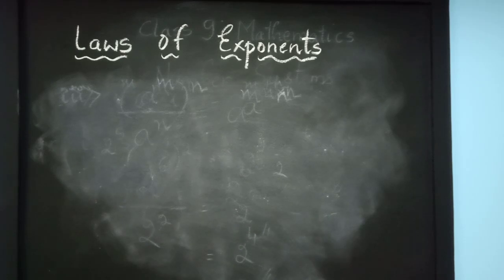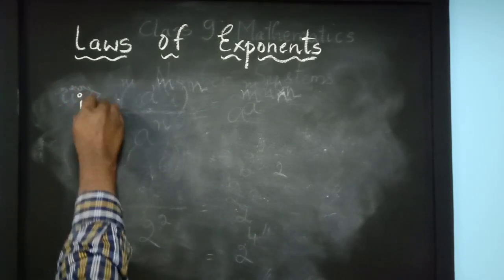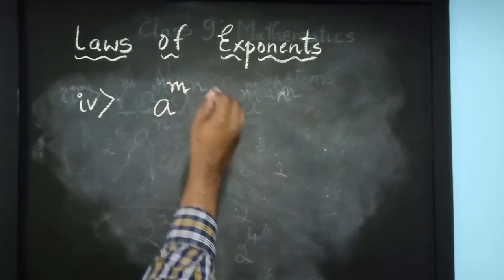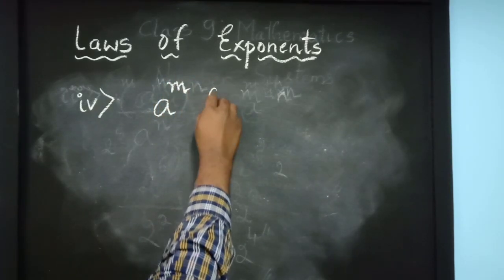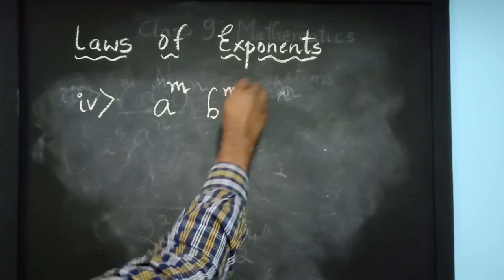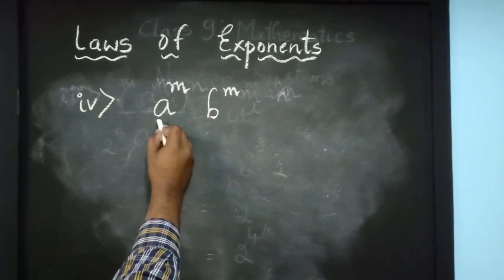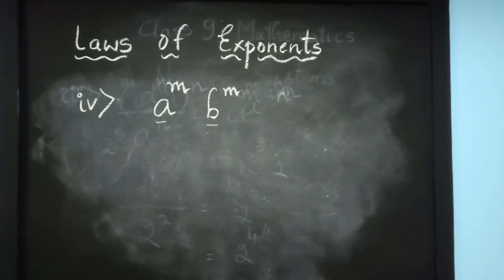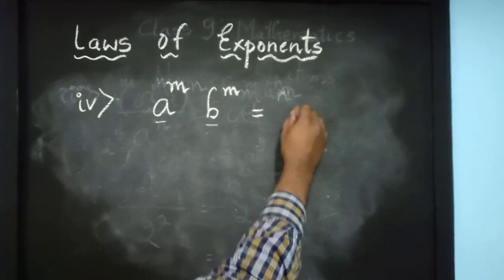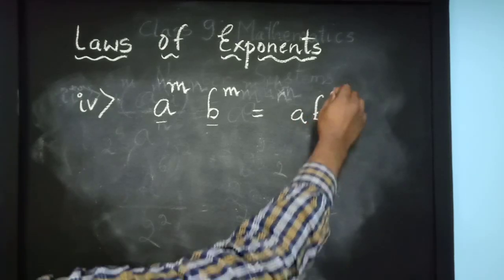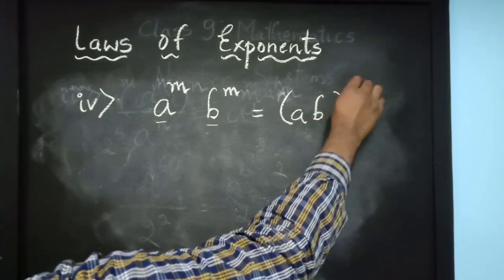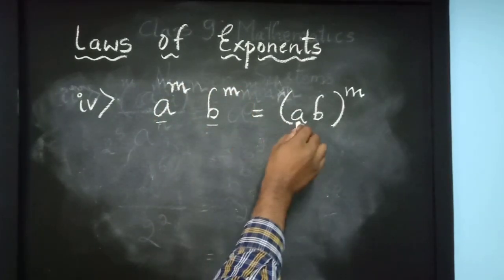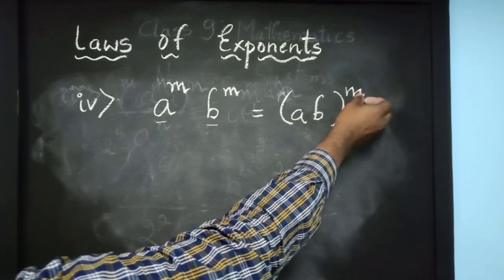Now the fourth law of exponent is a power m, b power m. If you observe here, the bases are different, but the powers are same. So I can write it as a into b whole power m. A power m, b power m can be written as ab whole power m.